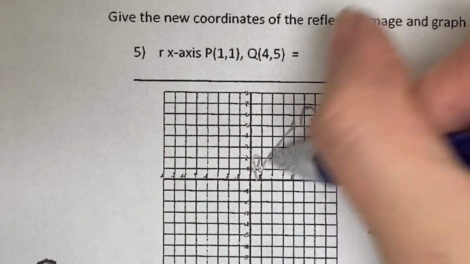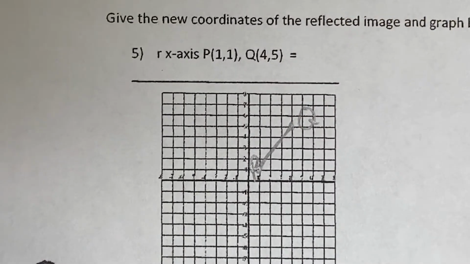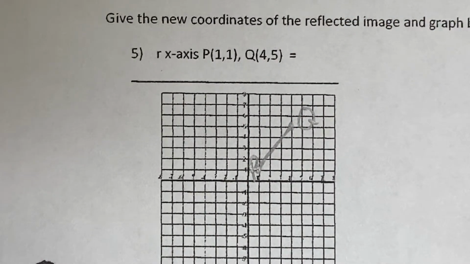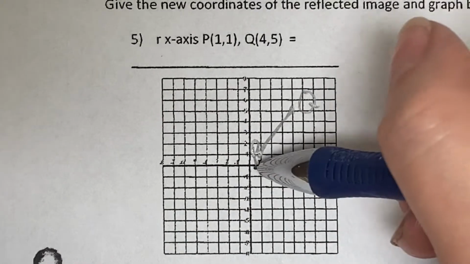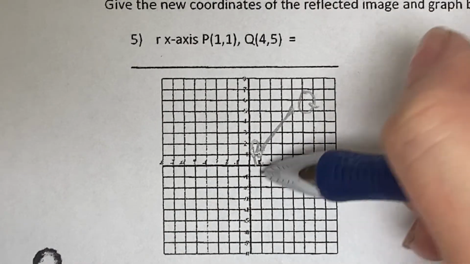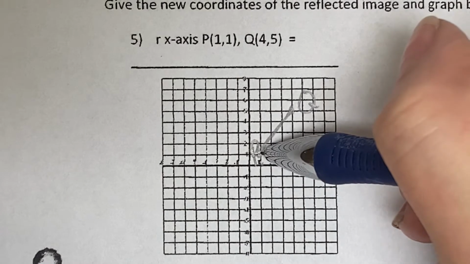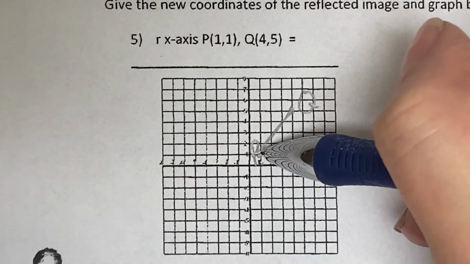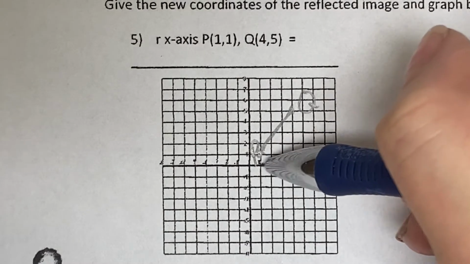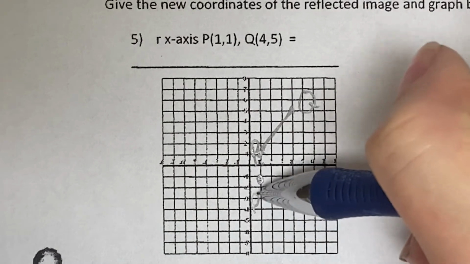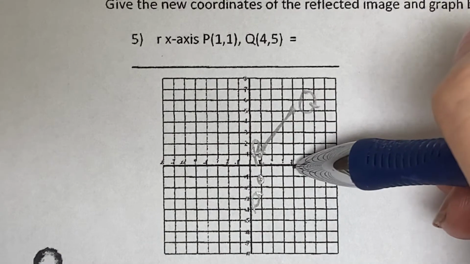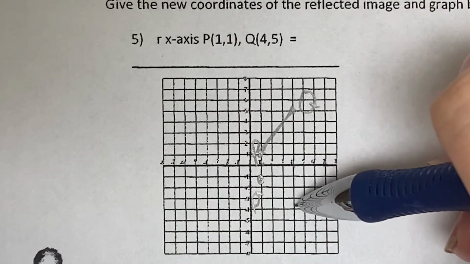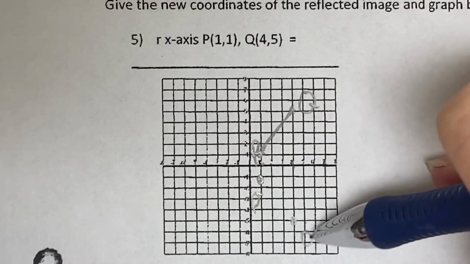So usually we have a shape, this is just a line segment, and we're going to reflect that over the x-axis. When you reflect over the x-axis, each point needs to stay the same distance away. So if I went up 1 from the line that I'm reflecting over for P, then I need to go down 1 for P prime. Q, if I go up 5, then I need to go down 5. And that would be Q prime.